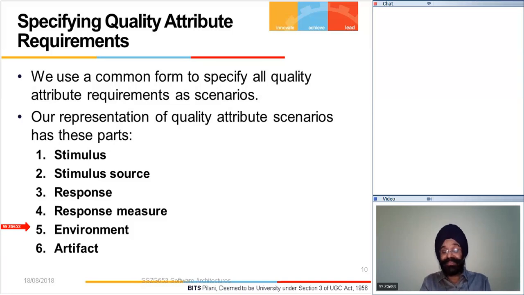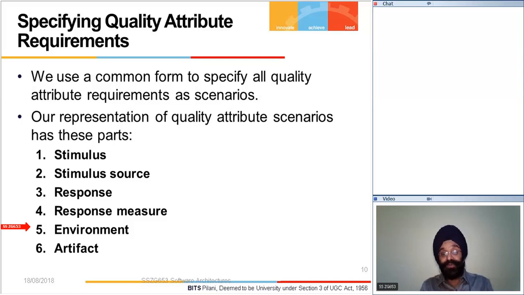Now, what is the quality attribute? Availability, performance, security, reliability. Reliability again has to do with availability. Then we go into scalability, testability, modifiability. So these are various quality attributes. So what do quality attributes achieve?